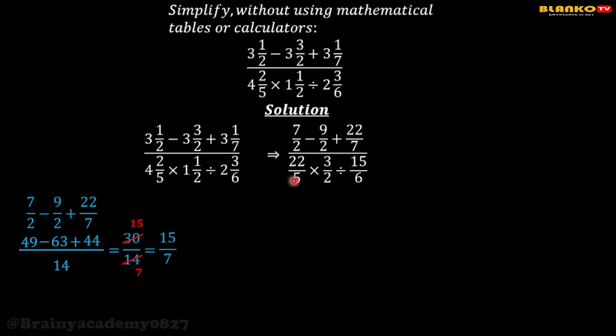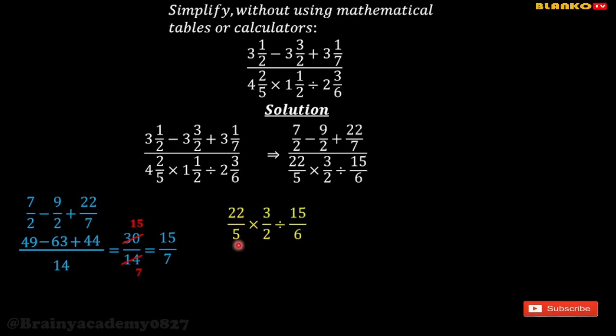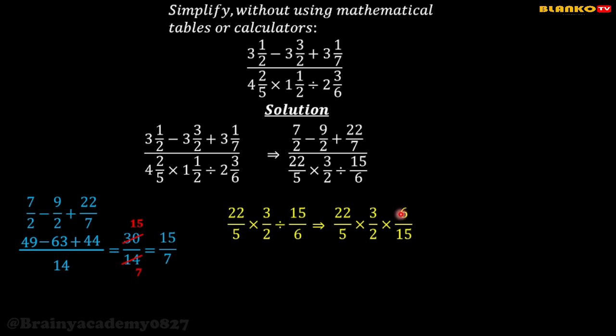Let's take the bottom part, or the denominator, and simplify that also. We have 22 over 5 times 3 over 2 divided by 15 over 6. This is equal to 22 over 5 times 3 over 2 times 6 over 15. This 2 cancels itself once and cancels the 6 three times.